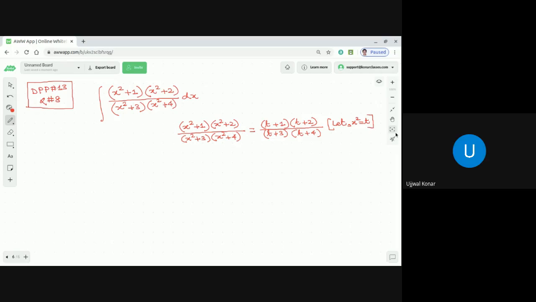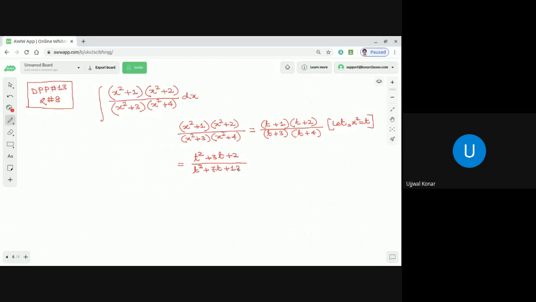So what are we going to get out of it? In the numerator, you will get t square plus 3t plus 2, and in the denominator you will get t square plus 7t plus 12. Correct or not?